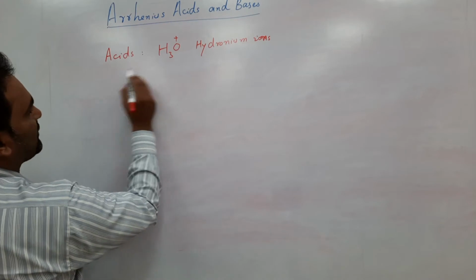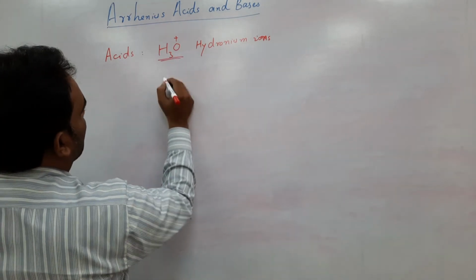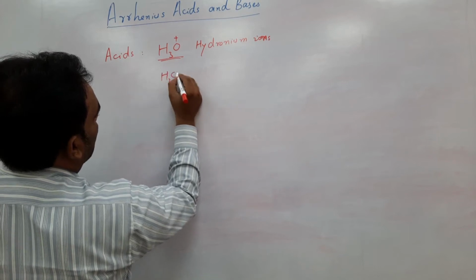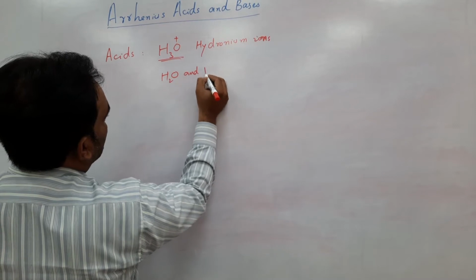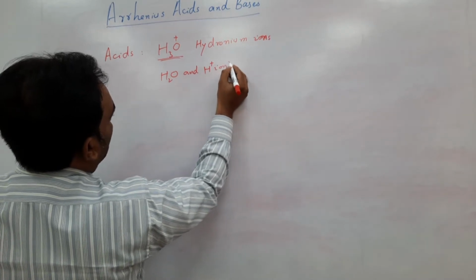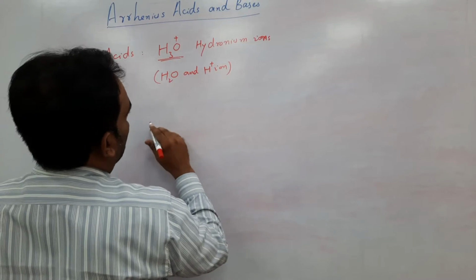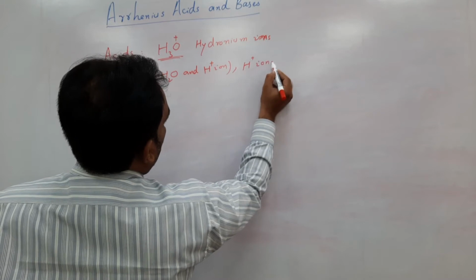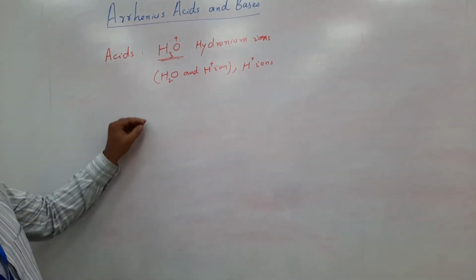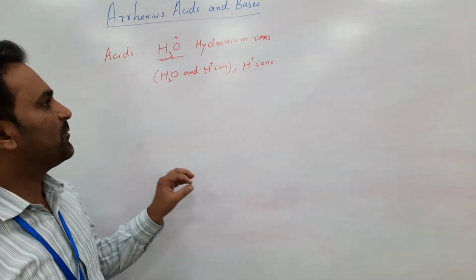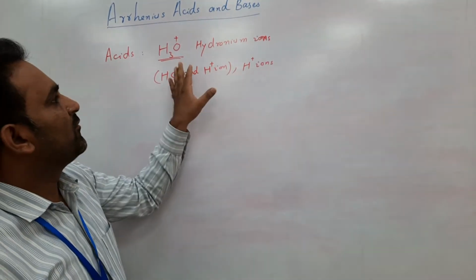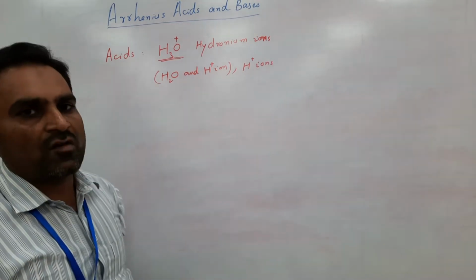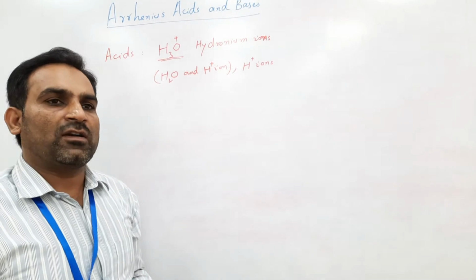This hydronium ion is actually a water and H plus ion. Collectively we call it hydronium ion. So the acids are those compounds which will produce hydrogen ion when we dissolve that compound in water. For this particular concept, the presence of water is important.